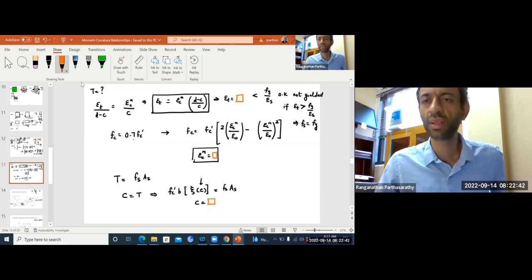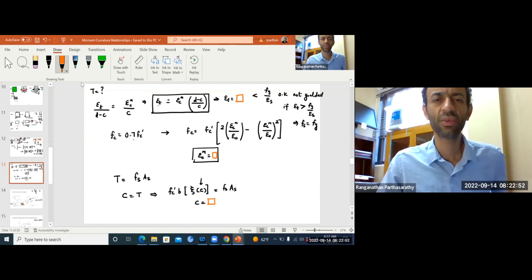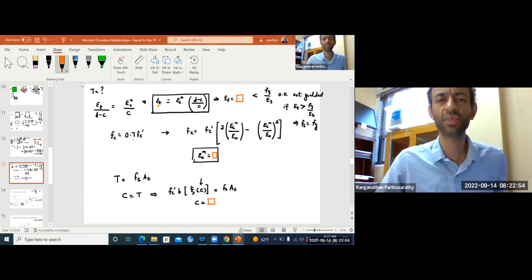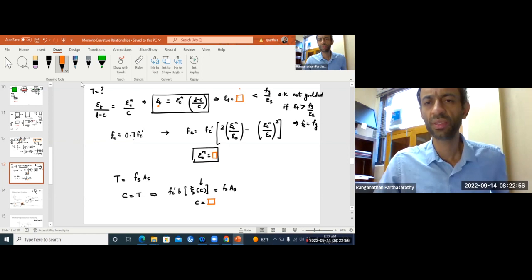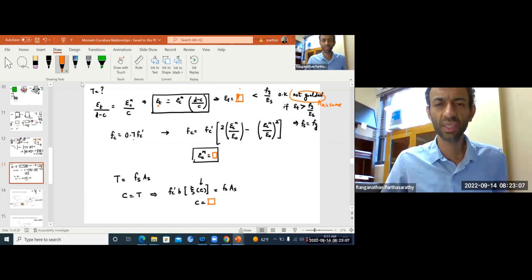Oh, I'm sorry. At this point, we don't know C as yet. So we don't know the epsilon T value as yet at this point. So we are assuming that steel has not yielded. Now we got C, right?